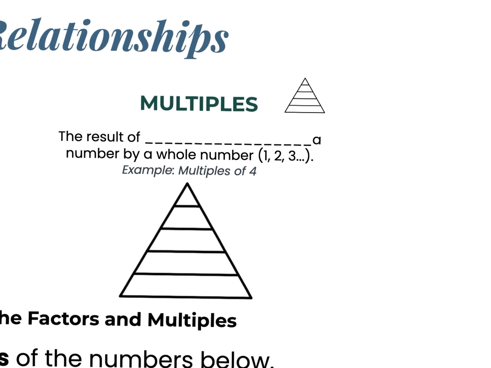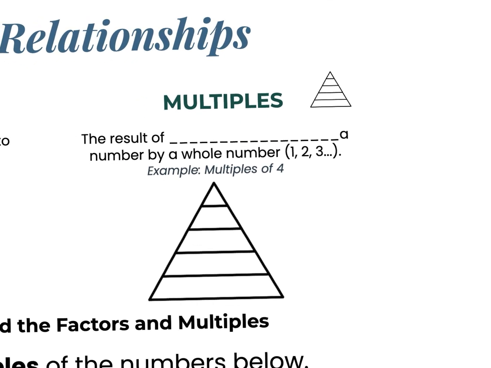Multiples keep going on forever and ever. So we can keep adding to our pyramid, whereas with factors, there's a limited number of each. A multiple is the result of multiplying a number by a whole number.